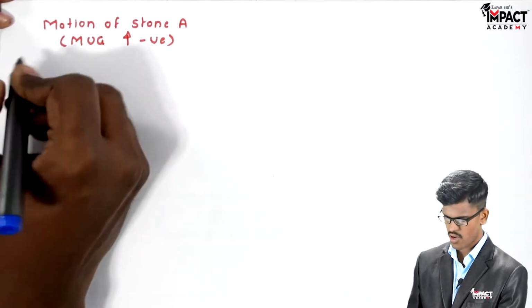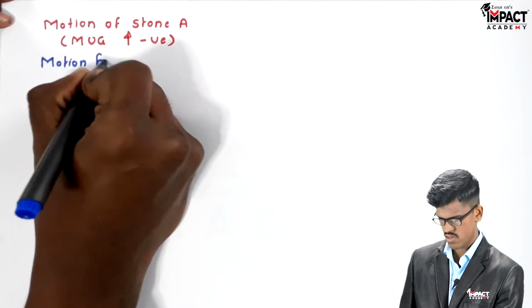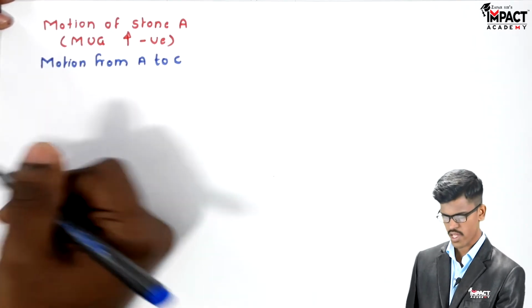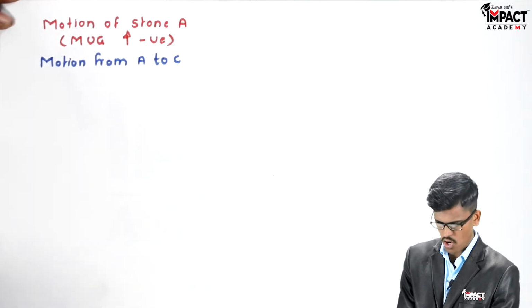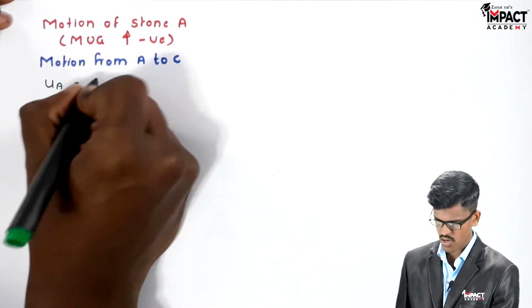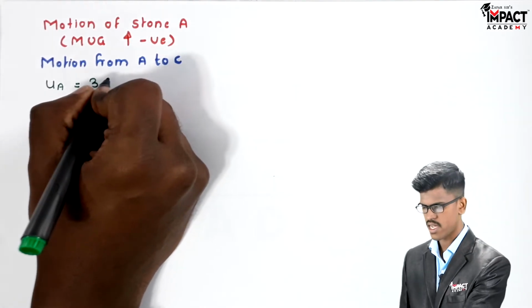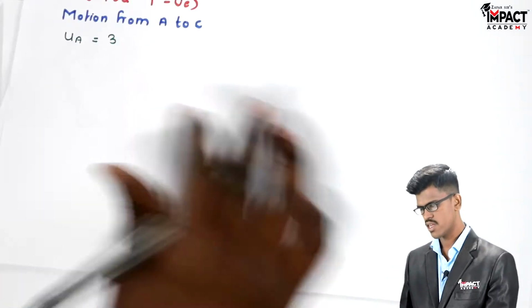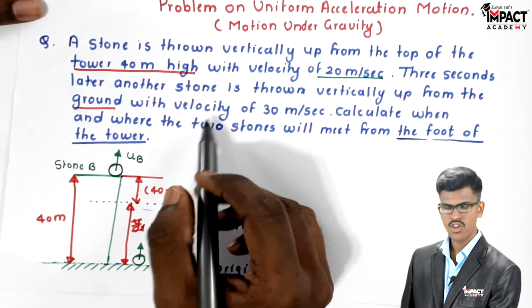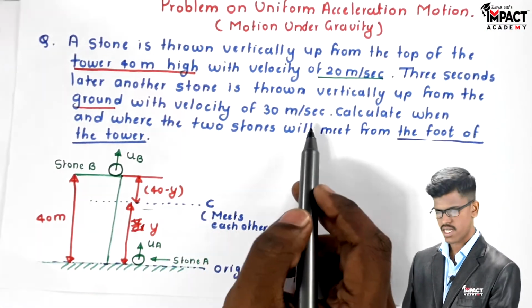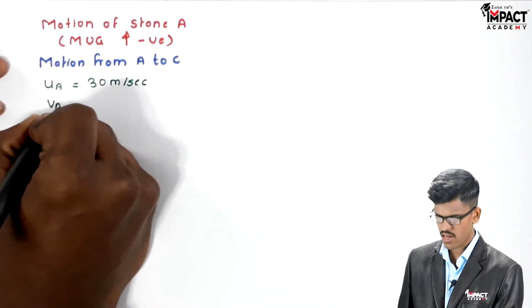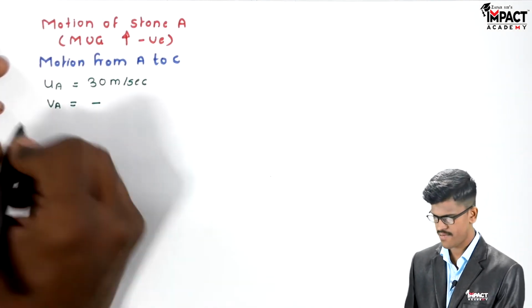So motion from A to C. Initial velocity of stone A we know, UA is equal to 30 meter per second. Final velocity of A is not required.